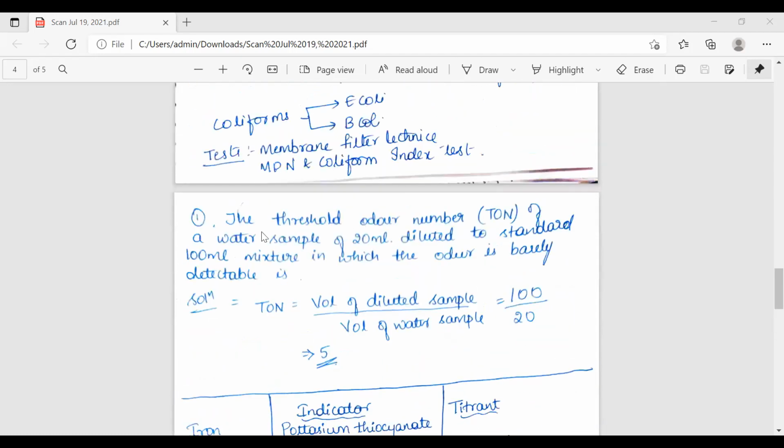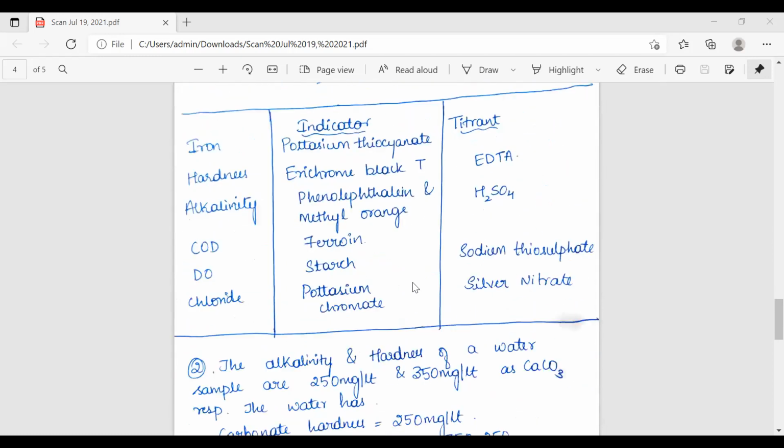I have told you the threshold odor number in the physical parameters of water. Next, iron, hardness, alkalinity, chemical oxygen demand, dissolved oxygen, chloride are the chemical characteristics, and there are some tests done to determine iron, hardness, alkalinity, and so on.